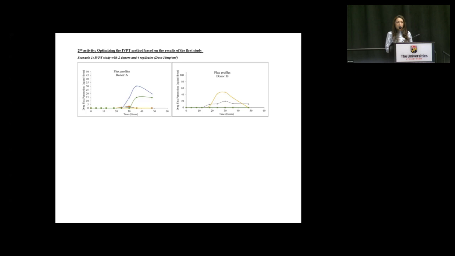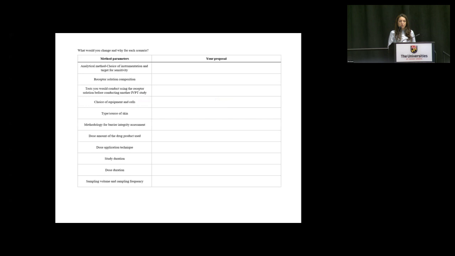And we asked them, if this is the result you get from your first IVPT study during method development, what would you do? Do you continue with this method? Is it good enough, or do you need to do some optimization? And if yes, what method parameters would you modify?